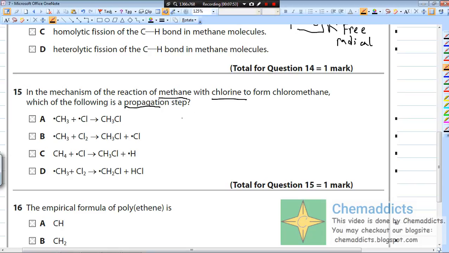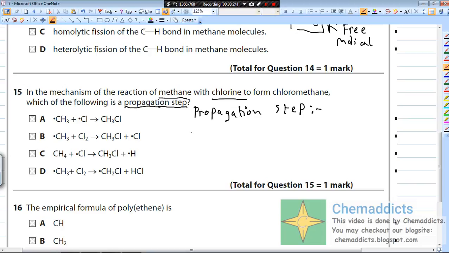Now they are asking about the propagation step, so let's see what happens in the propagation step. In the propagation step there are two possible reactions.